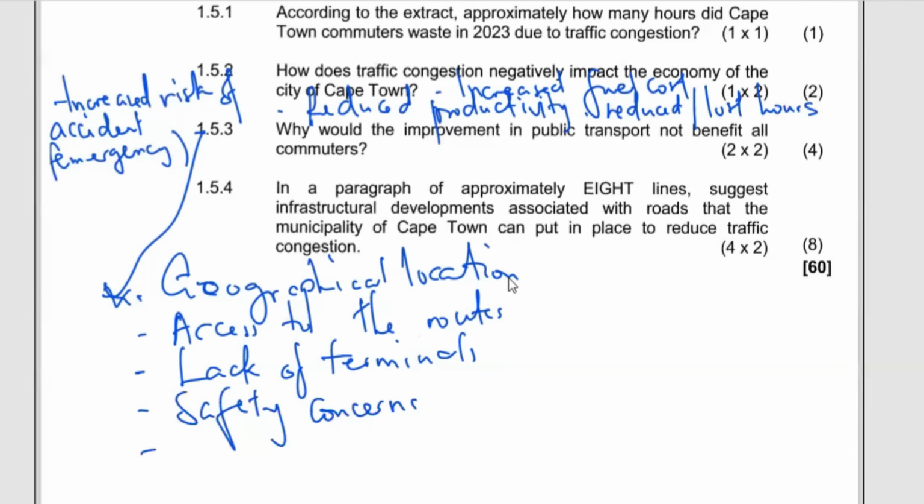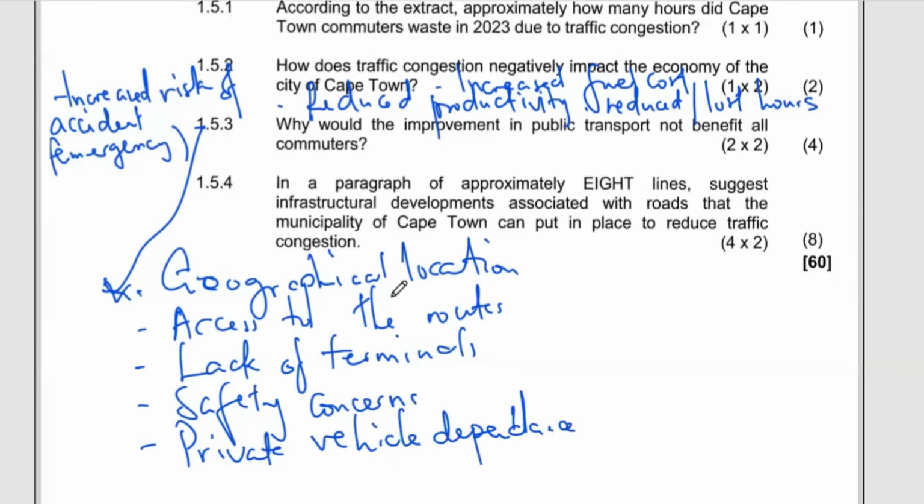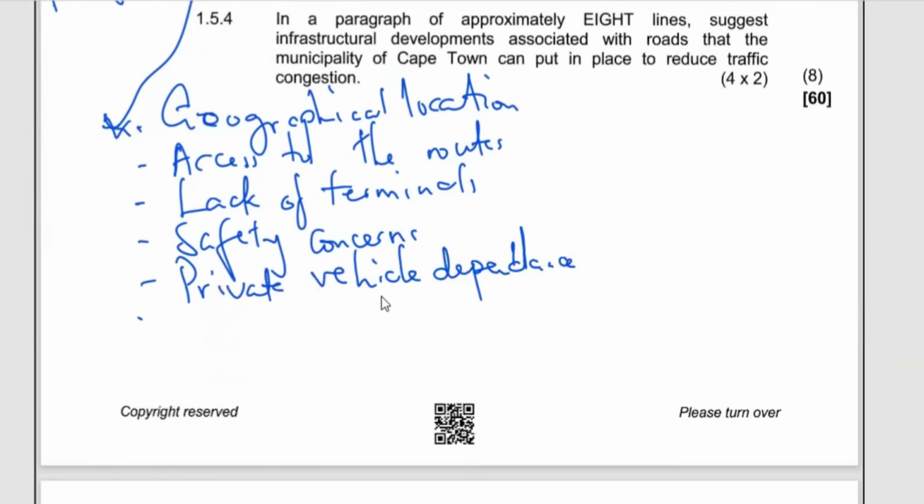Or even some people assess public transportation as not very safe compared to their private vehicles. And also, we can talk of private vehicle dependence. There are people who depend completely on their private vehicles. They are not interested in accessing public transportation.